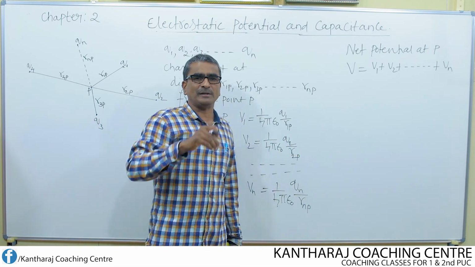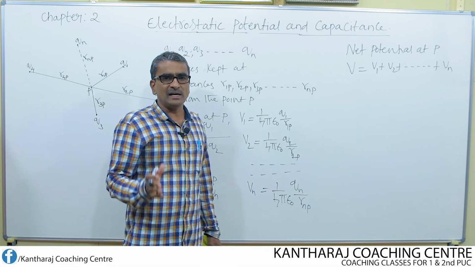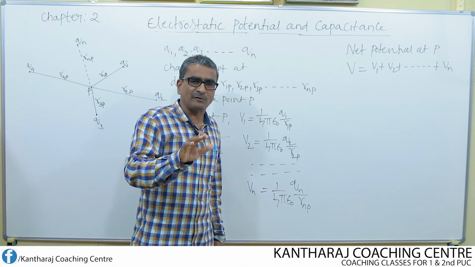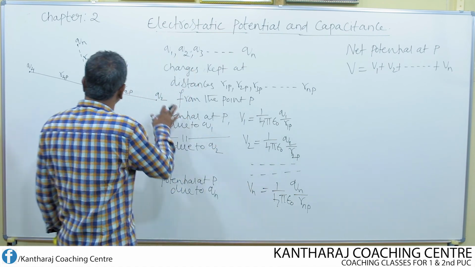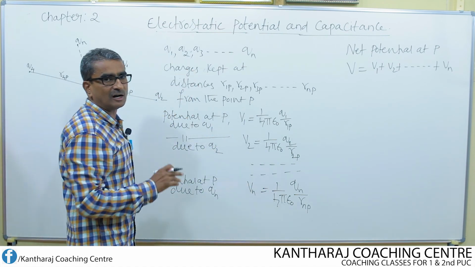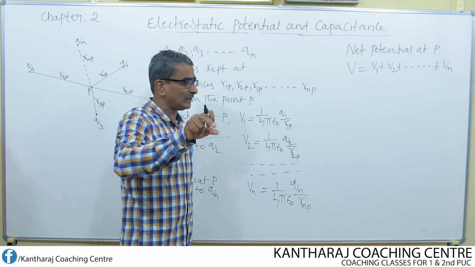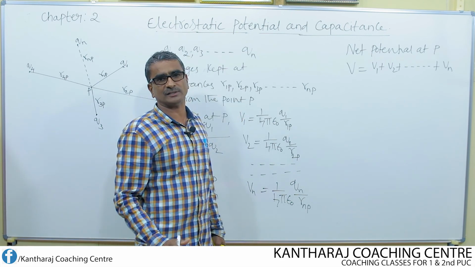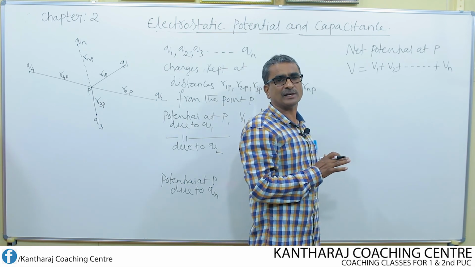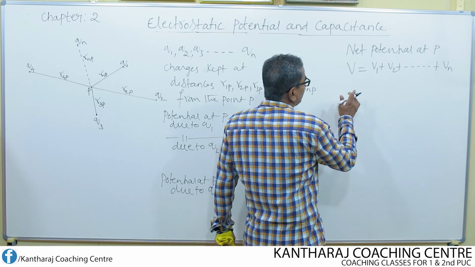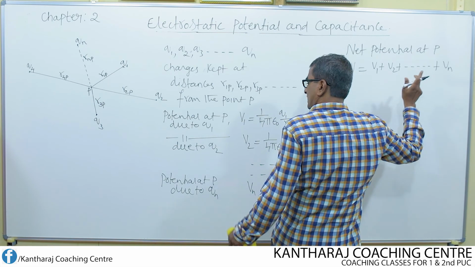We can apply the principle of superposition either to find the net electric field due to a system of charges, or the net electric potential, or the net force acting on any one of the charges due to a system of charges. So once again here I made use of the principle of superposition of charges. So V1, V2, V3, up to Vn.